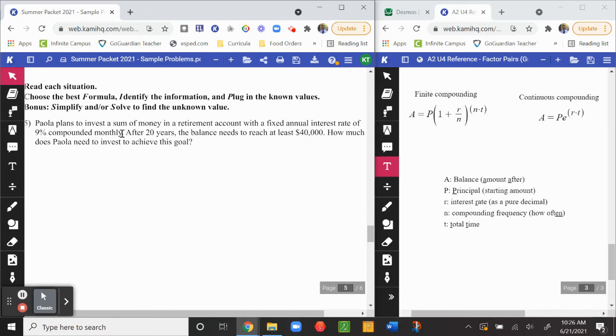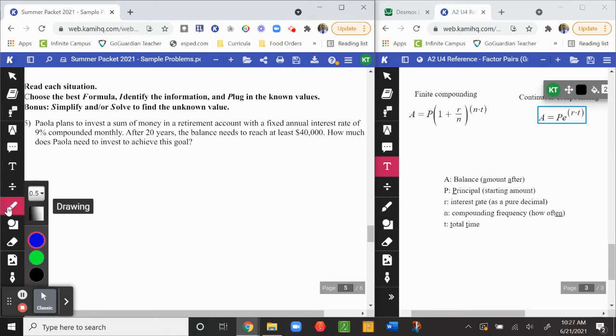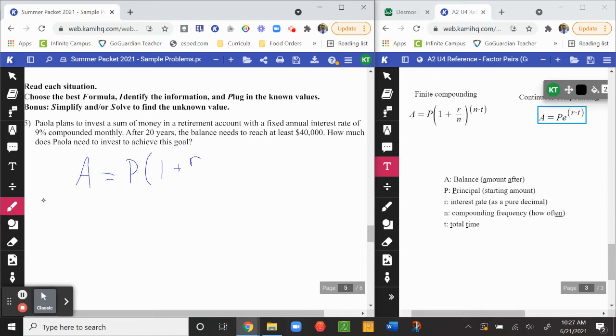That's not continuously or infinitely, so I can't use the continuous formula. I must need this finite compounding formula. So I'm going to record that on my sheet. A equals P, parentheses, 1 plus r over n, all raised to the n times t.